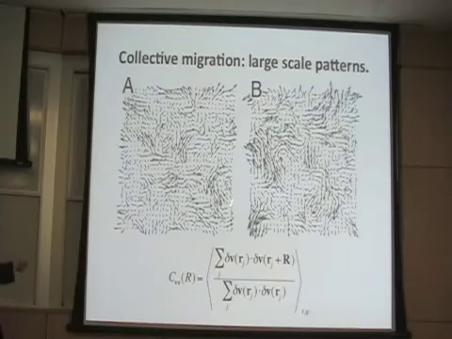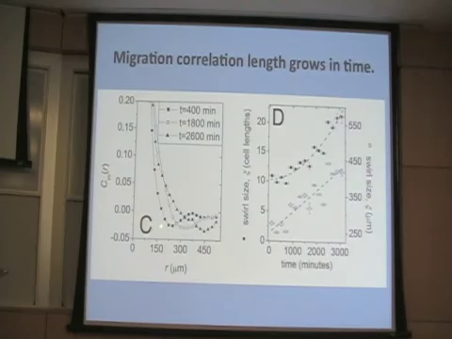You can do the same PIV analysis on that motion, and again, you see large swirly domains, and we use almost the exact same correlation function, but now on velocity vectors. This time, instead of decaying exponentially, at each time point we have a negative minimum, which means these are more swirly.